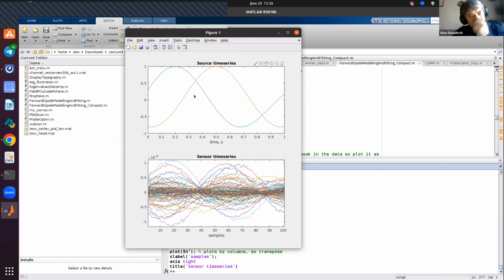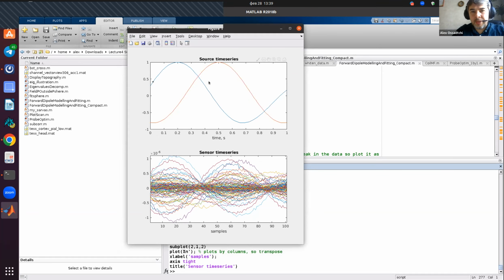Let's assume magically that Father Frost came to us and told us what the time series are. Then we said, okay, to find the source, I need to fit this source to this time location, because this is where this guy is active and the blue one is silent, right?